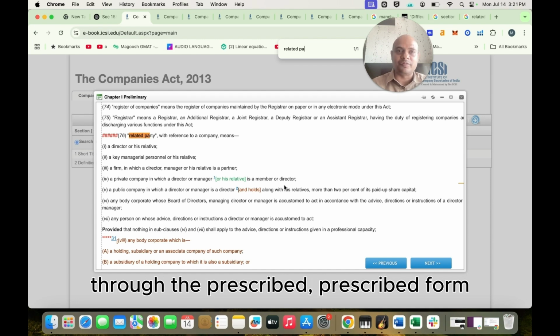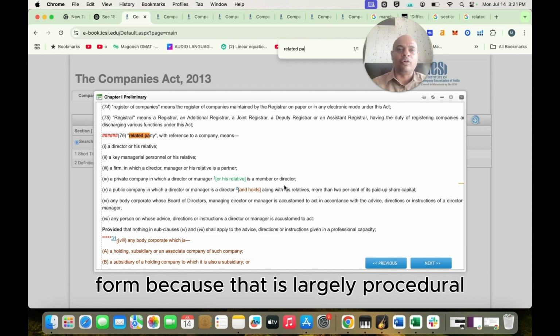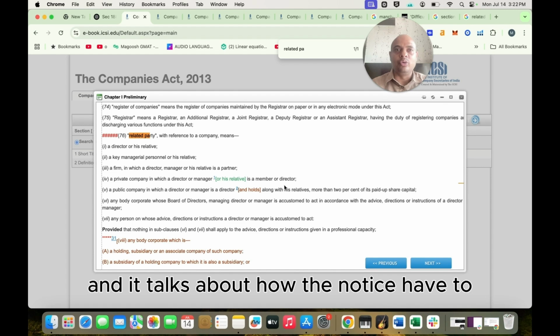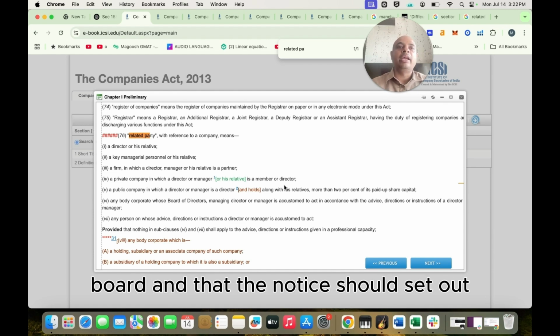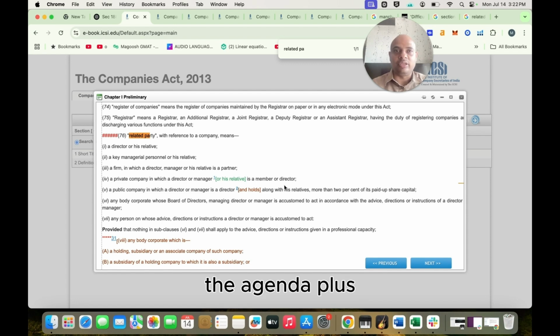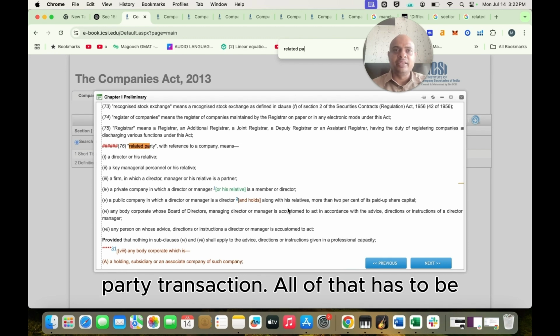I didn't go through the prescribed form because that's largely procedural, and it talks about how the notice have to be given to the members of the board, and that the notice should set out the agenda plus also the interest that the directors have in that particular related party transaction.